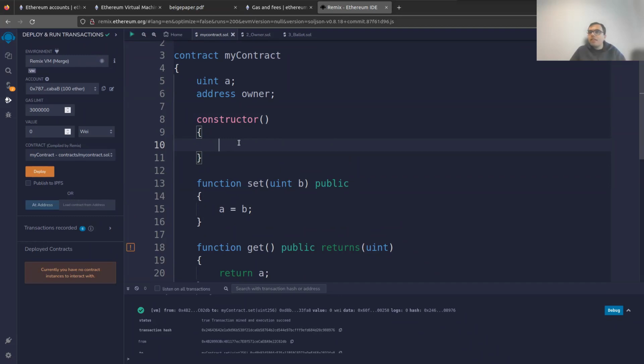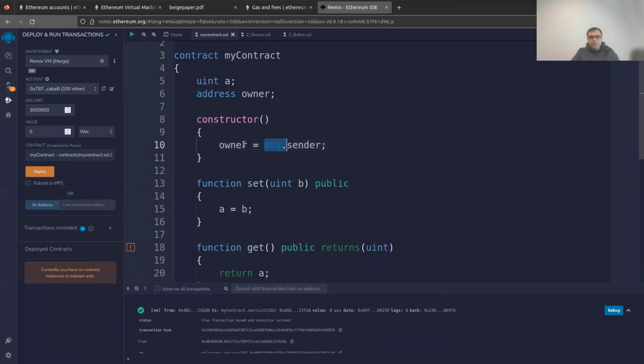Okay. So here I'm going to say the person who deploys this contract is supposed to be its owner. So how can I say that? I can write something like this. I can write owner is msg.sender.